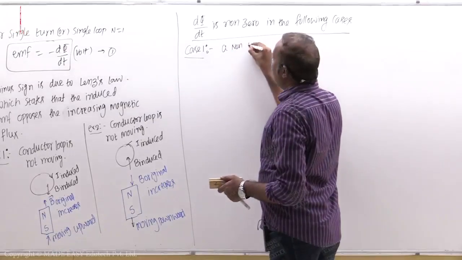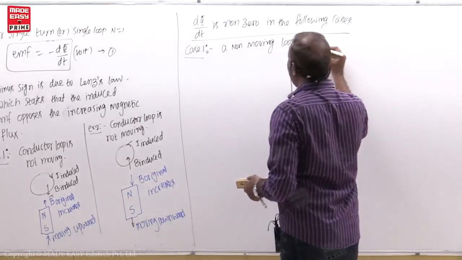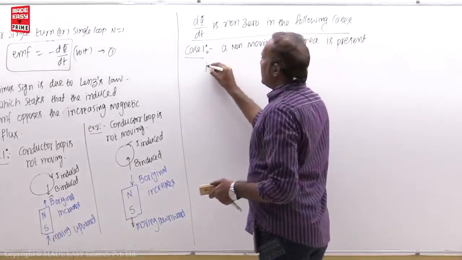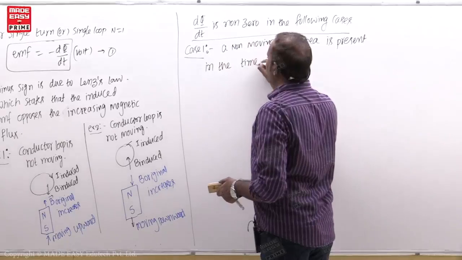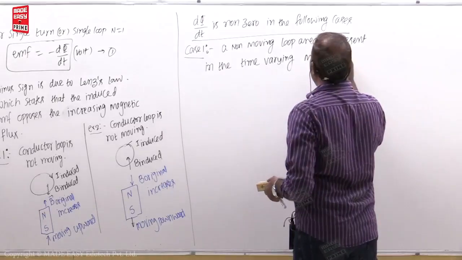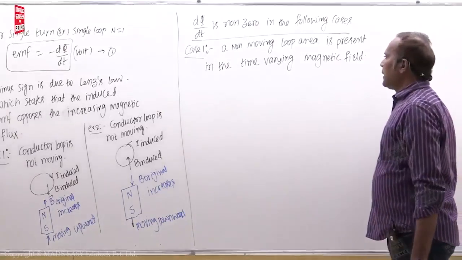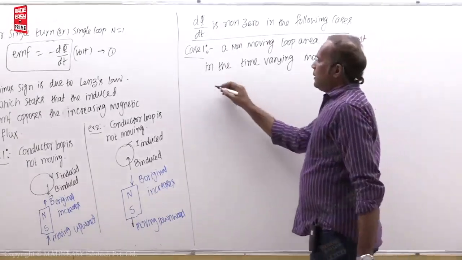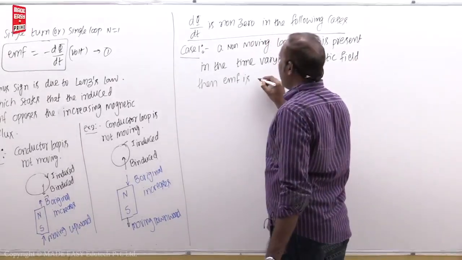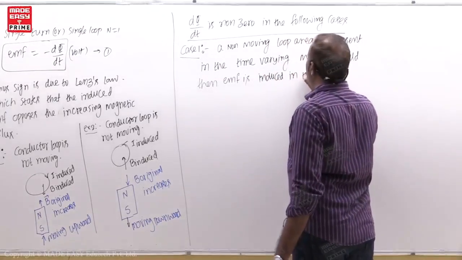a non-moving loop area is present in a time varying magnetic field. Then EMF is induced in the loop.